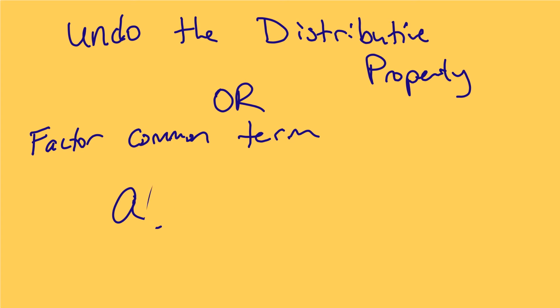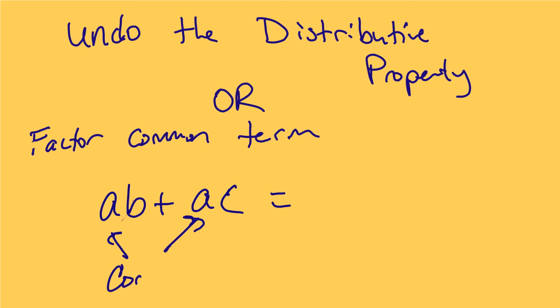So, undoing the distributive property is very simple. If I have AB plus AC, who delivered the pizza? That's what they have in common. That's how I know A was the pizza delivery guy. So he goes outside the parentheses.